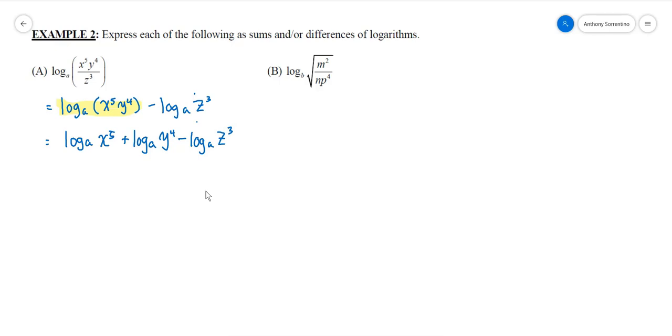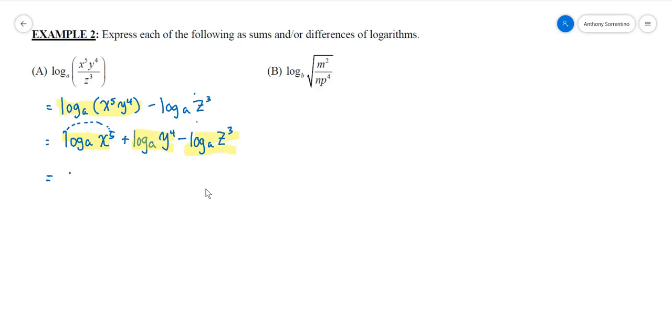And a lot of students might think that that's good enough for this, but the way the textbook is written and what's usually expected is that you're asked to show sums and or differences of logarithms, nothing with anything raised to a power. So each one of these three terms, term 1, term 2, and term 3, can be rewritten one more time by moving each one of these exponents to the front and making it a multiplication.